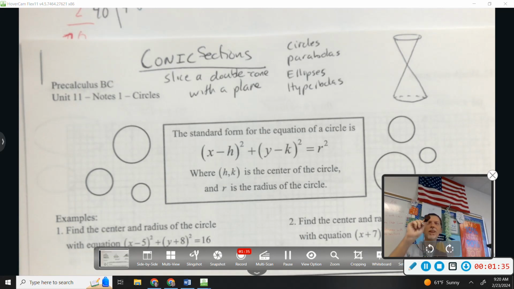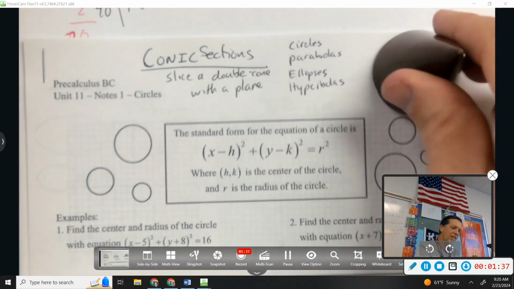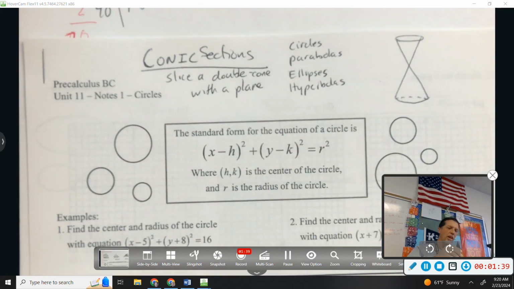So that's a pretty easy one because that's an easy slice. There's the circle. If we tilt our plane just a little bit and slice it this way, we get an ellipse.